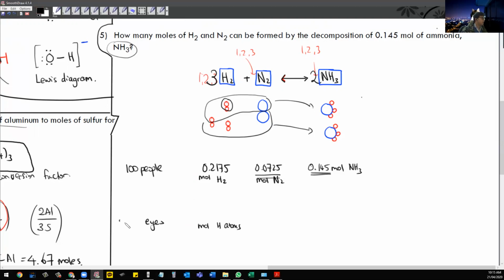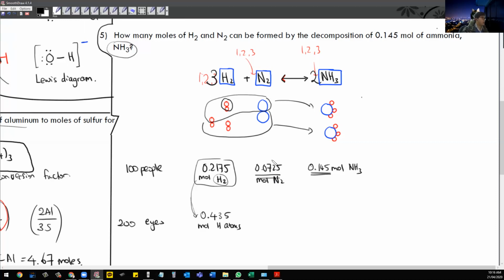It's a bit like that. So when you count 0.2175 mole of hydrogen 2, it's as if you're counting number of people. And when you're counting how many hydrogen atoms there are, because they're inside of each hydrogen molecule, there are 2 hydrogen atoms, you got to times it by 2. Make sense? It'll be 0.435.